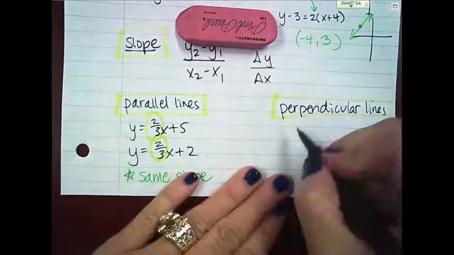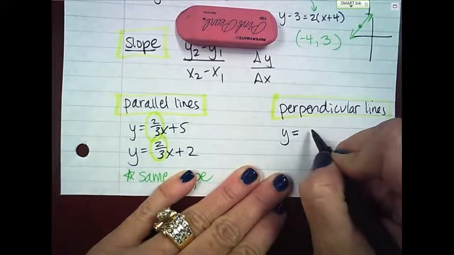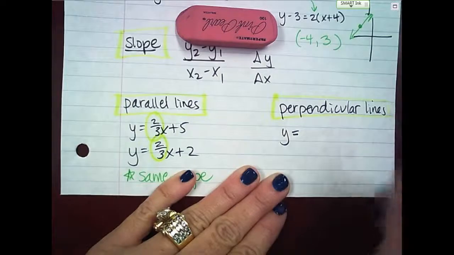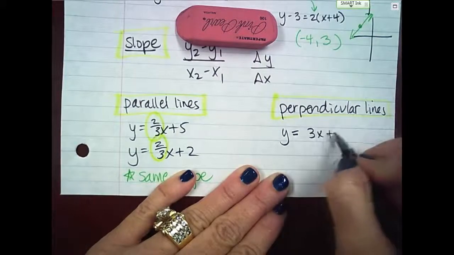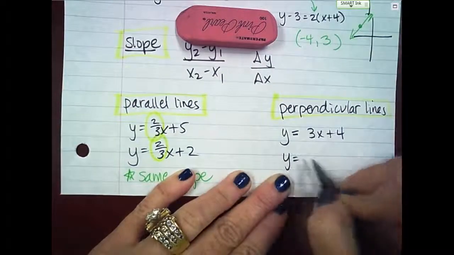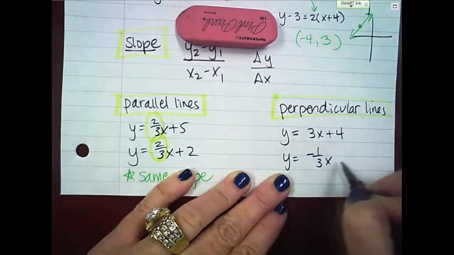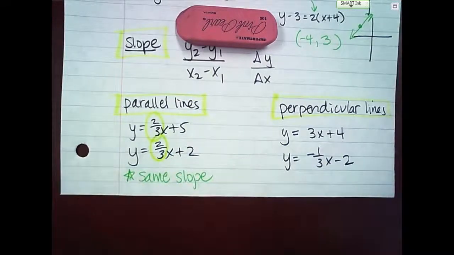So for example, you might have y equals 3x plus 4, and then y equals negative 1/3 x minus 2. You see it? Flip it and opposite.